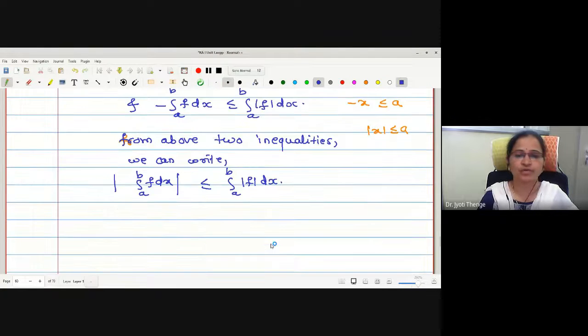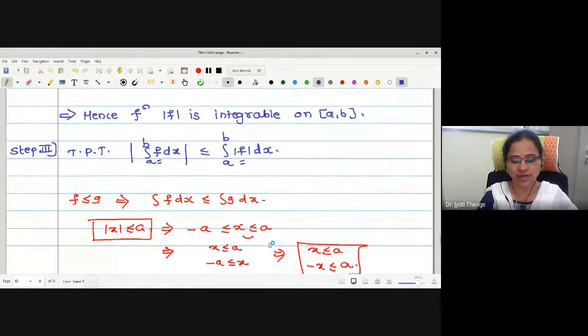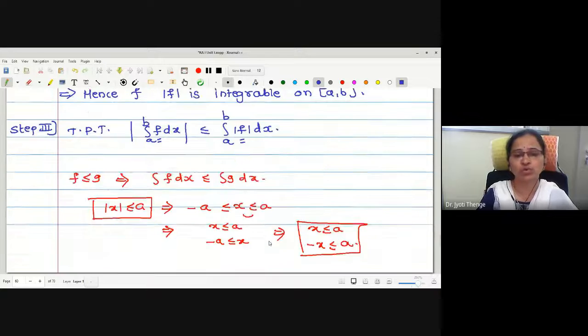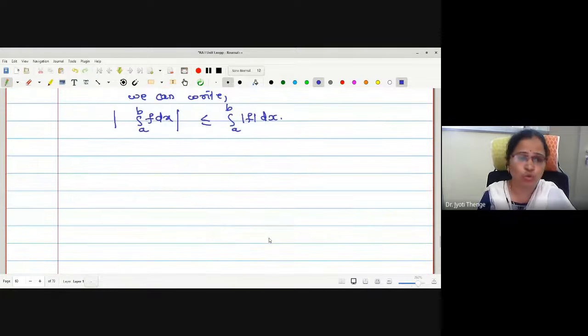Hence the proof of the theorem. Any difficulty with this? No, ma'am. Okay. And we have to note here that the converse of the above theorem is not true.